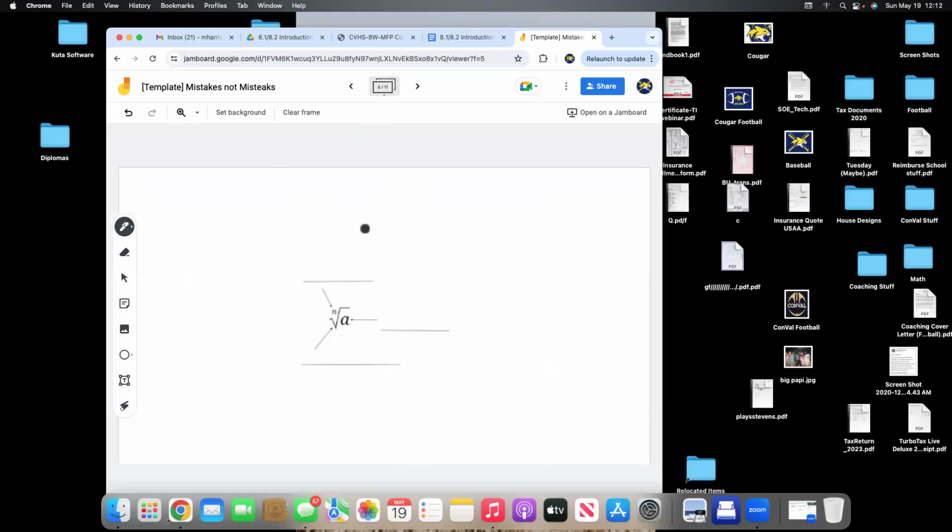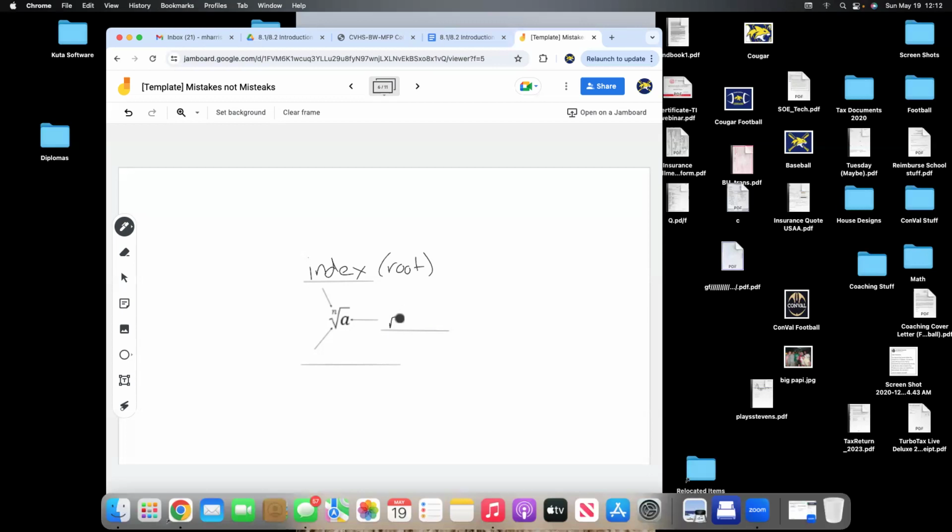What we have here, this little n, this is called the index, or basically the root being taken. So like this, I would read as the nth root. If you have a 3 there, it's the cube root. We don't normally put the 2 there, and I'll talk about that in a little bit.